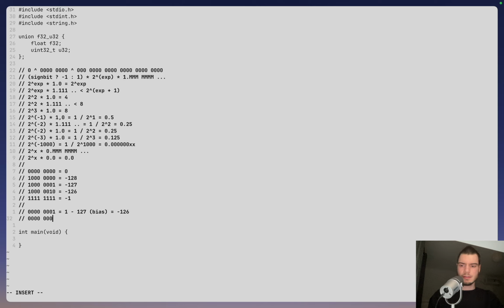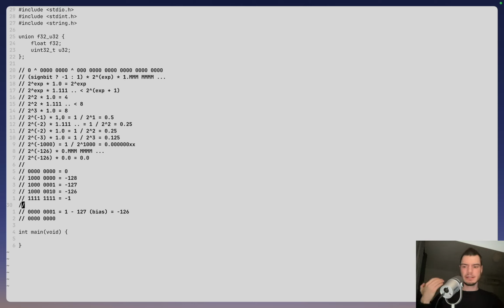And I said earlier that if all bits are set to 0, that is actually a special case for this exponent, where we still take the number minus 126 as our exponent. So up here, where I said x, it should be minus 126. But we interpret our mantissa as being the numbers after the binary point and 0 before the binary point.